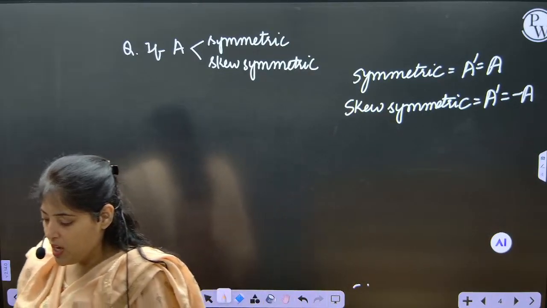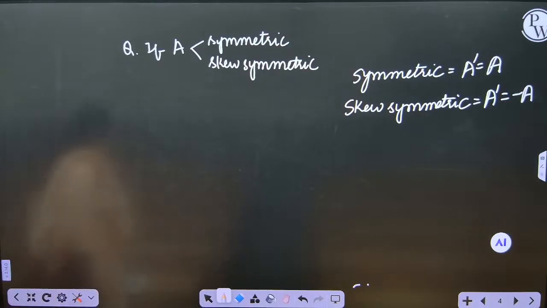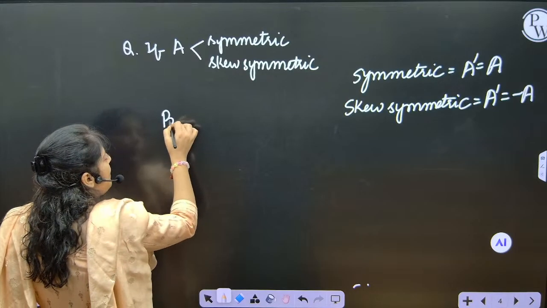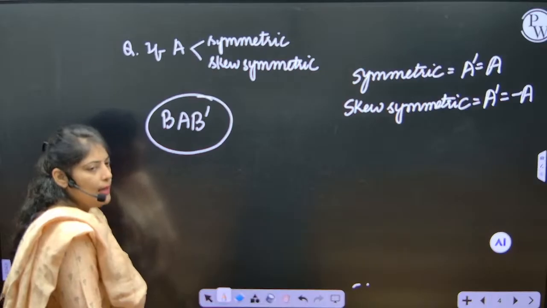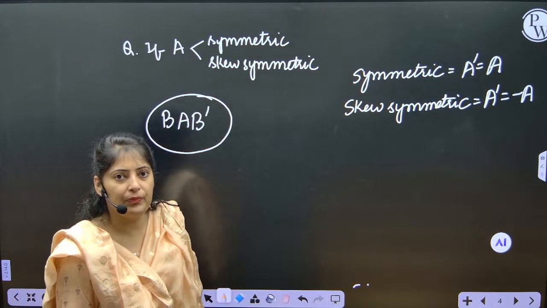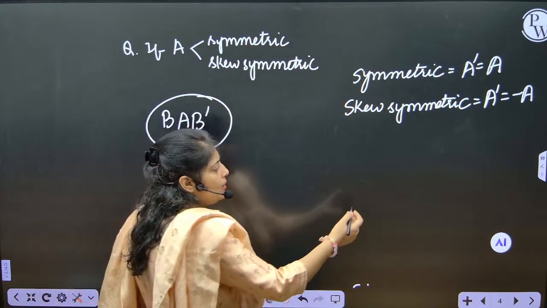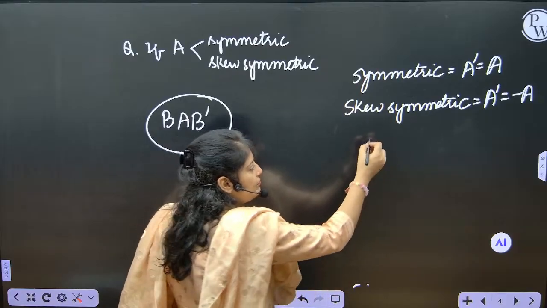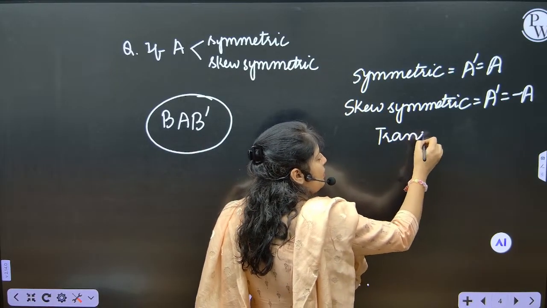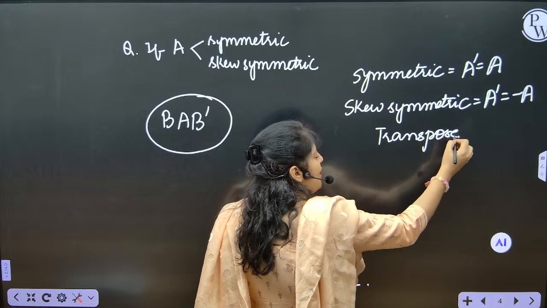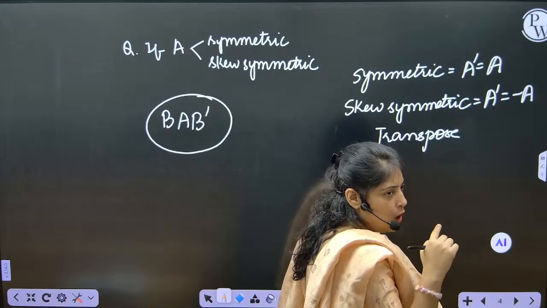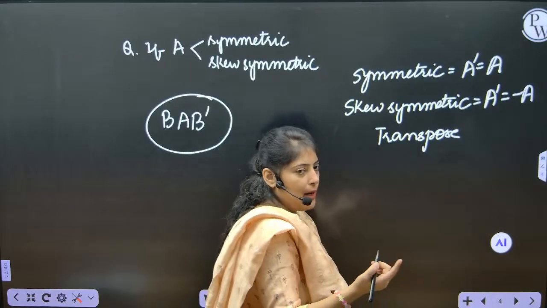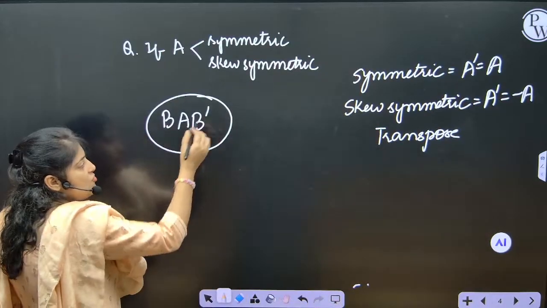So if A is any matrix, we have to show, depending on this only, what will happen to B A B dash. Dash means transpose. And transpose means, I'm revising the concept side by side, rows will become columns, respective columns. So this is transpose only.